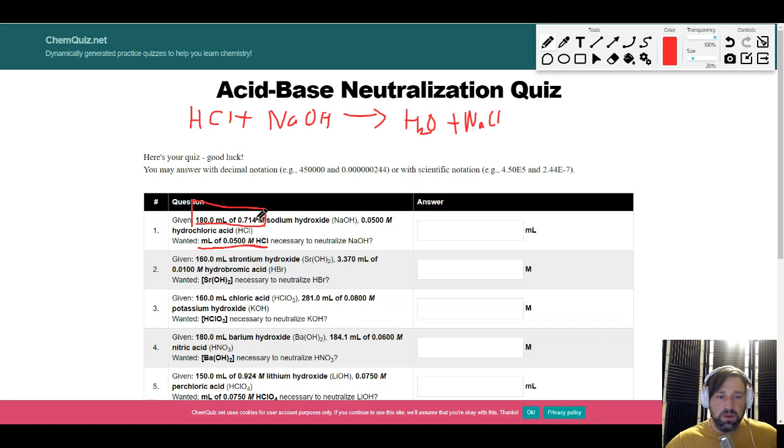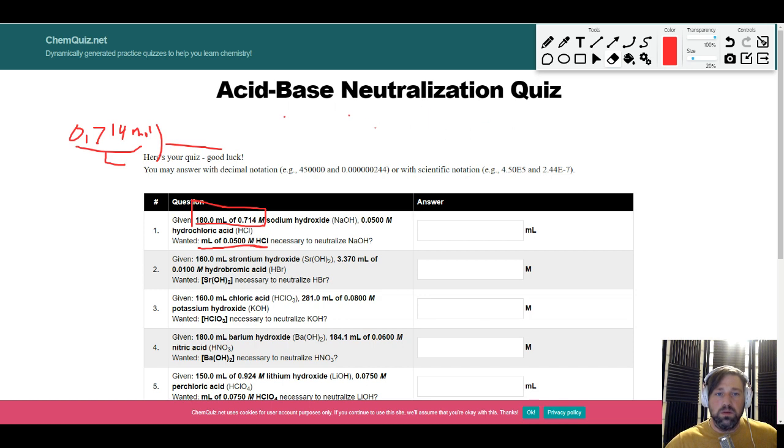We have 0.714 moles over liters, and we have 0.180 liters. I converted milliliters to liters.